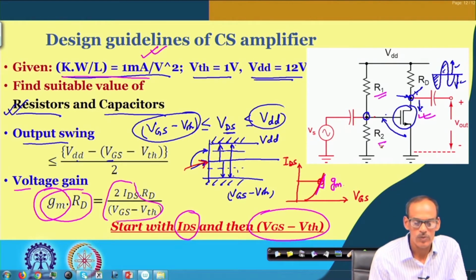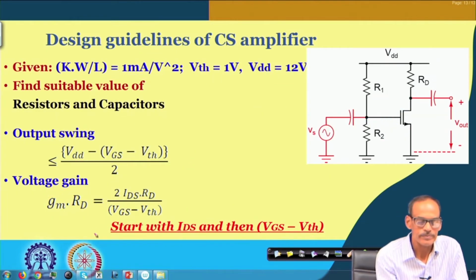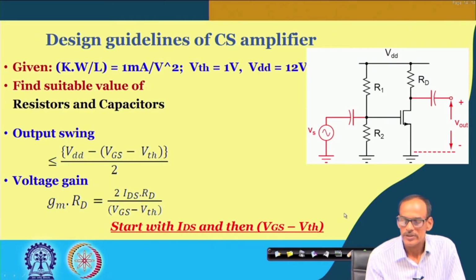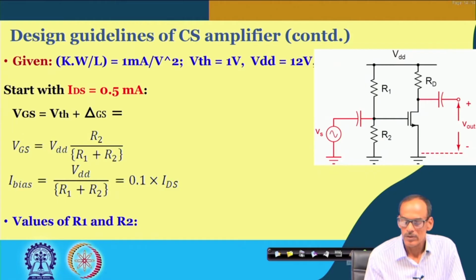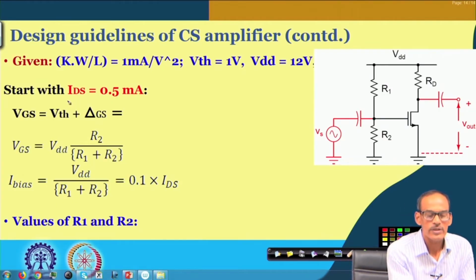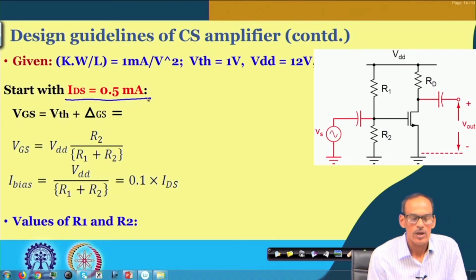So, let us see how we proceed. As I said, we will start with IDS, and then subsequently follow the steps. So, let us start that process. Just to start with, as an example, let us consider that IDS equals 0.5 milliampere.